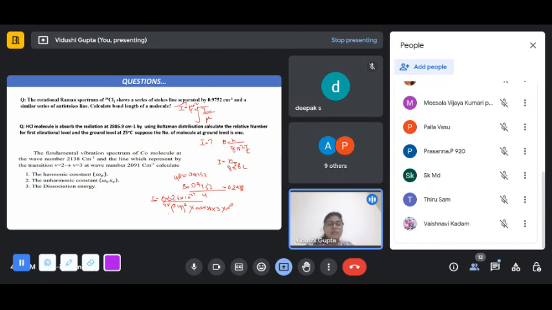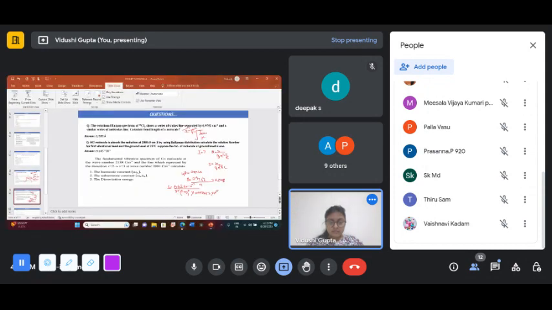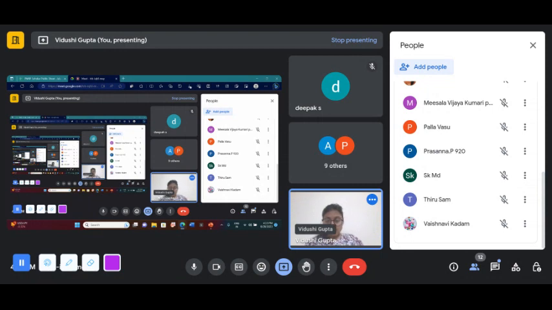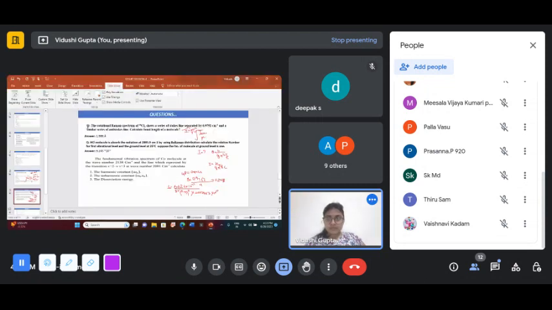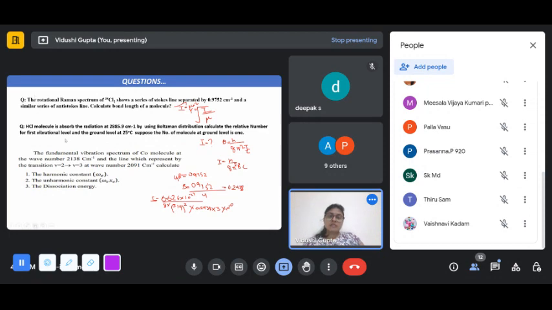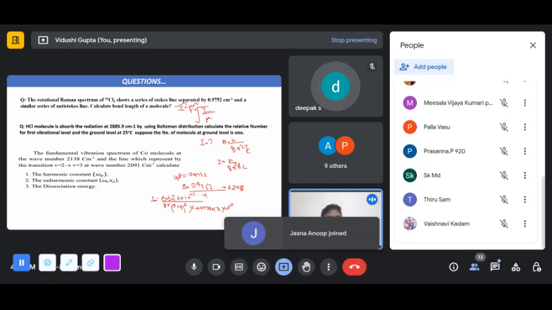Just solve it. What will be the value of I after solving? Just divide 6.626 into 10 minus 27 divided by 8 into 3.14 whole square into 0.2438 into 3 into 10 raised to 10.